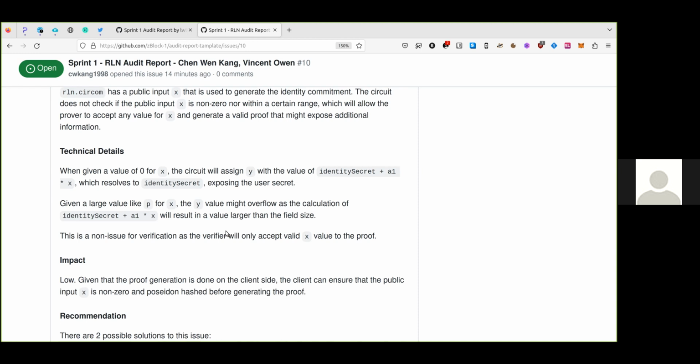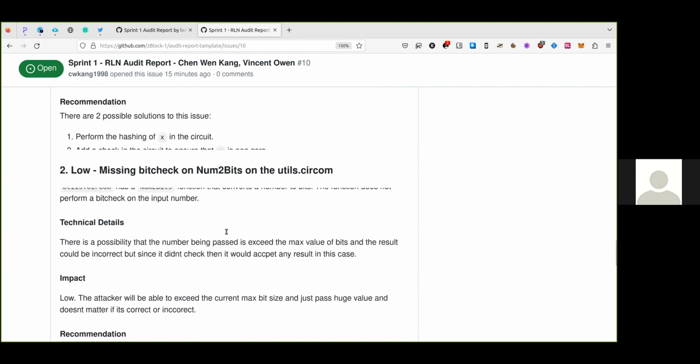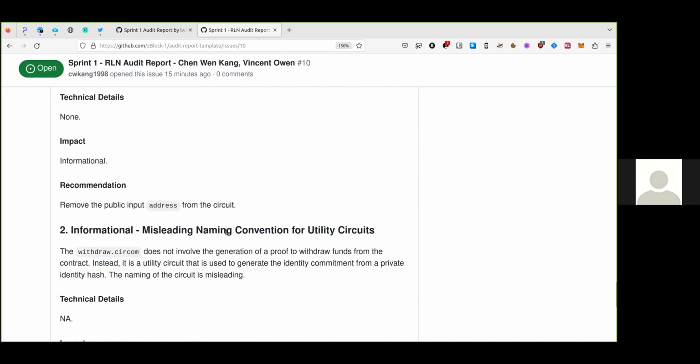No, it should be hashed on the client side. So when a node sends a message, they hash the message with the Poseidon hash function and use this value as a public input. Then when the nodes accept the message, they check if the public input is equal to the actual hash of the message.